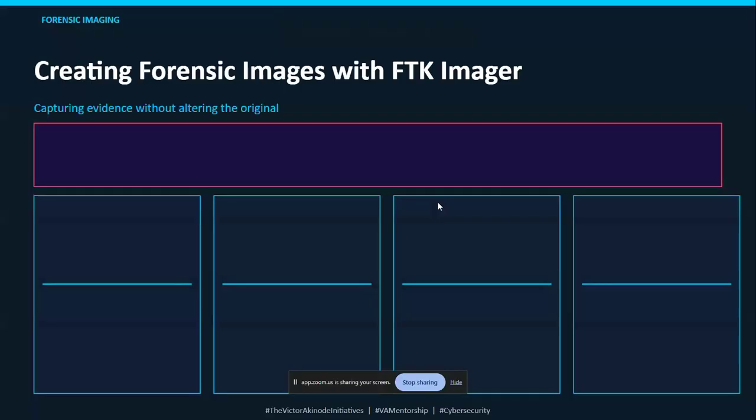So, creating a forensic image using FTK Imager. Before we even start, before we even know what this FTK Imager is, in digital forensics, FTK Imager is a foundational tool. It's used to create a forensically sound copy of digital evidence, devices, and RAM images, right?